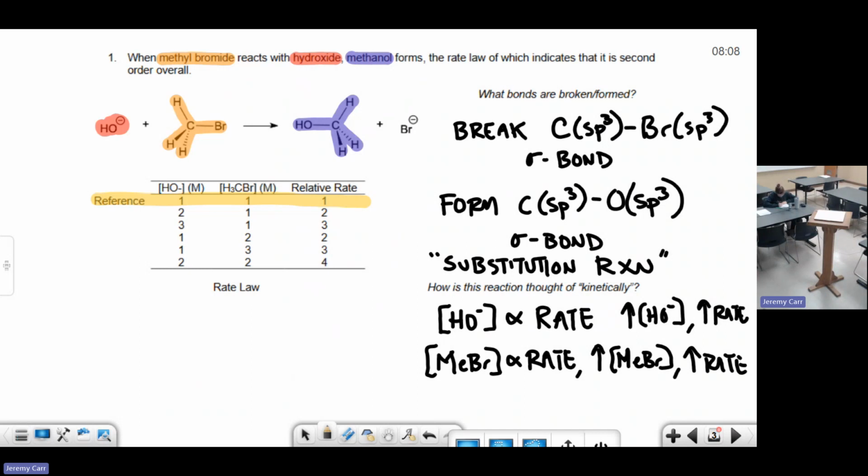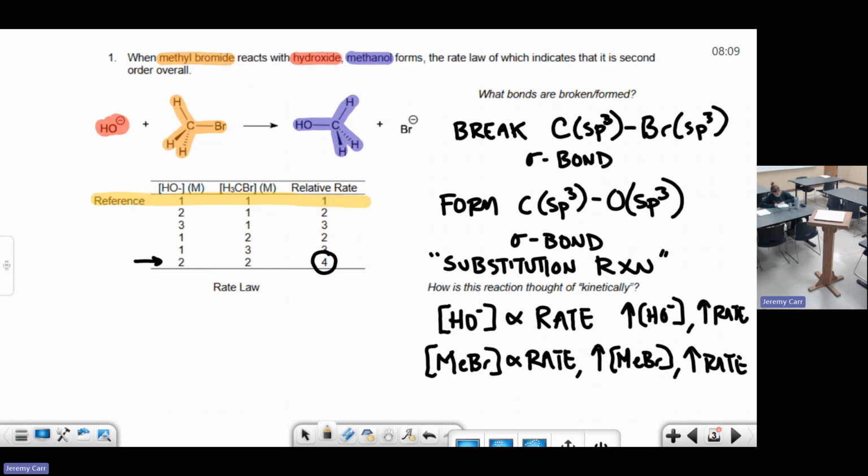So if I look at the reference point and I look at this last reaction right here, and I double the concentration of hydroxide and I double the concentration of methyl bromide, what happens? We have quadrupled the reaction rate. So what is this saying? This reaction is very, very sensitive to both the hydroxide and the methyl bromide in this case.